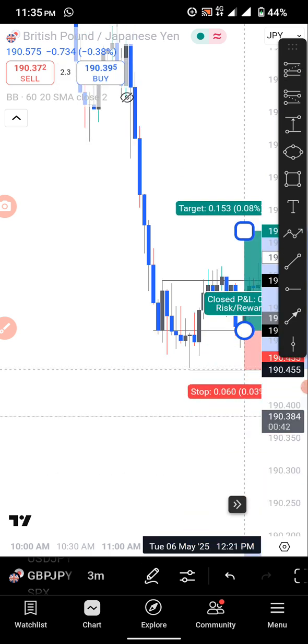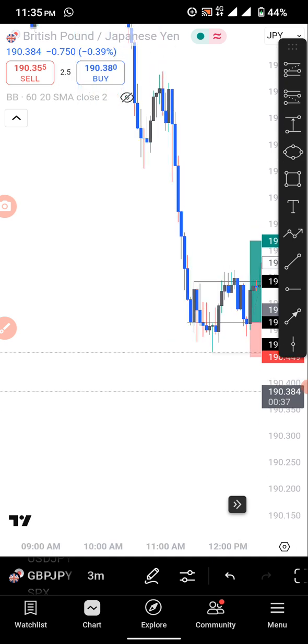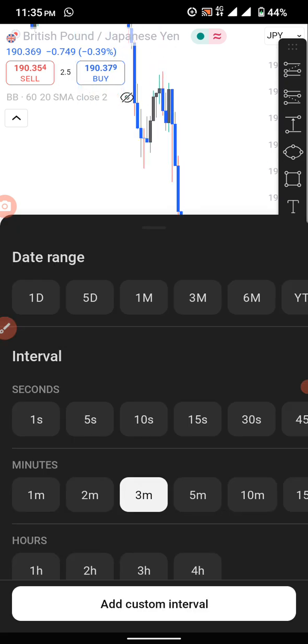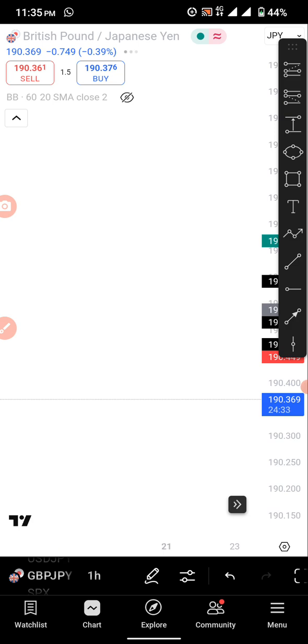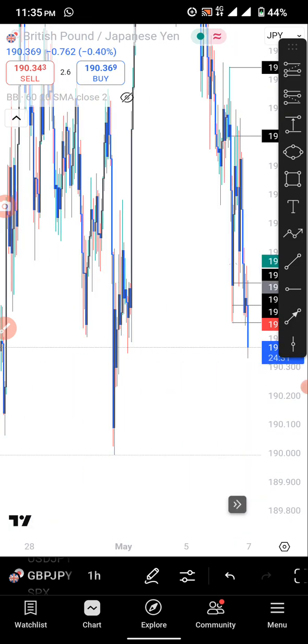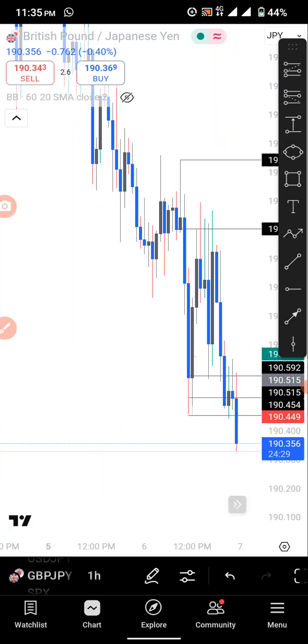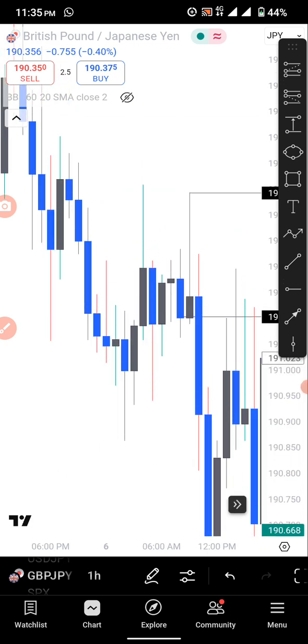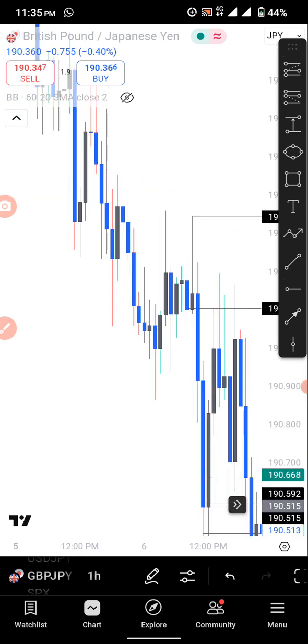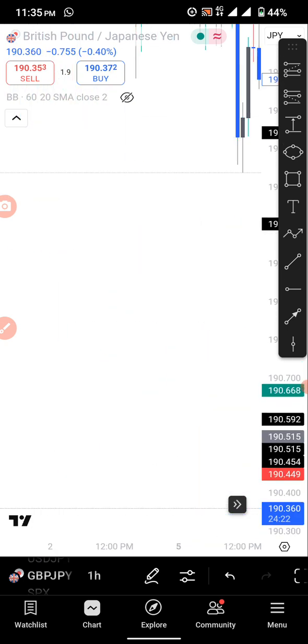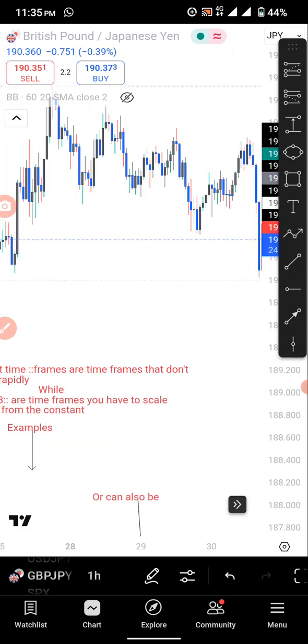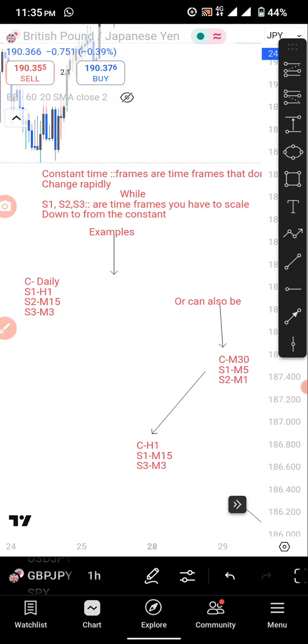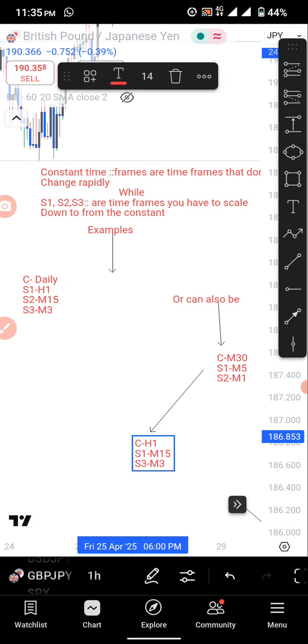The stop loss is just a few pips below here. Now we are going to see in our H1 where we are likely to get the TPs from and the sells still. This is H1, I've shifted back to H1 to get the big picture. If H1 is the constant time frame, what are we supposed to scale down to?